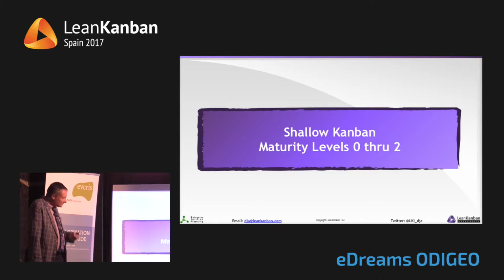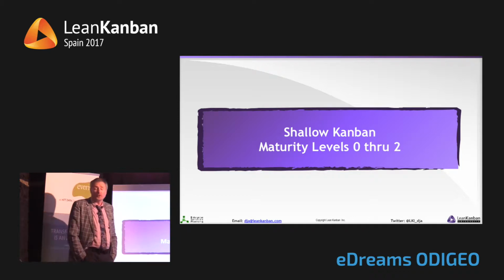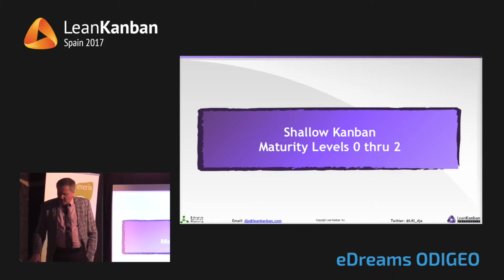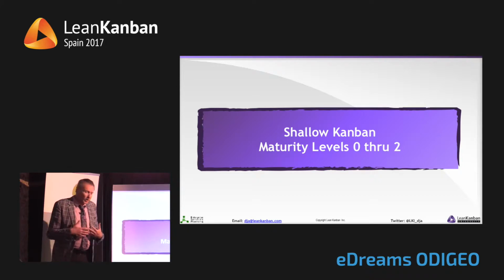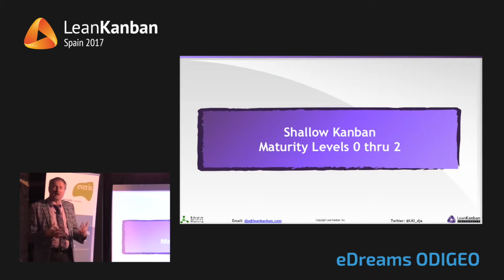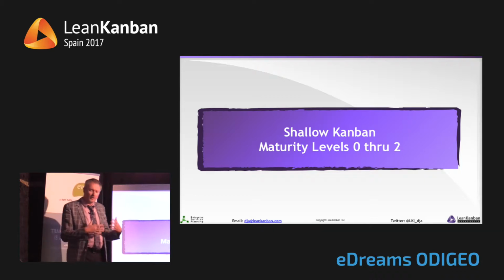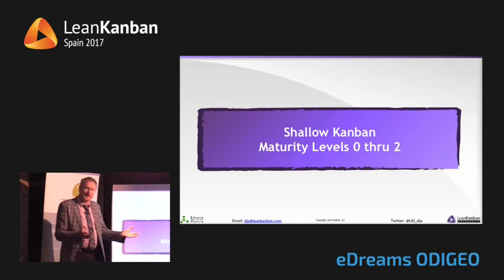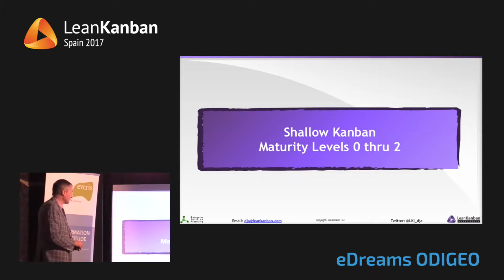Now, to get rid of this pejorative thing, we replaced that term in most of our literature with the term proto-Kanban. And that came from an academic called Richard Turner, software engineering academic and author, because he observed in our case studies that often companies started with this shallow Kanban and then it got better, it got deeper, and eventually they get to the real thing and they get the benefits that you would get at the real level.